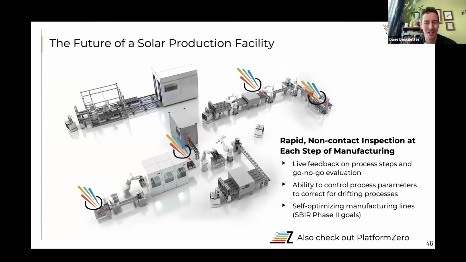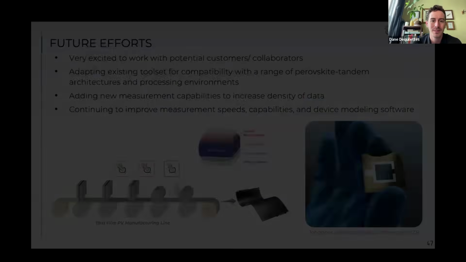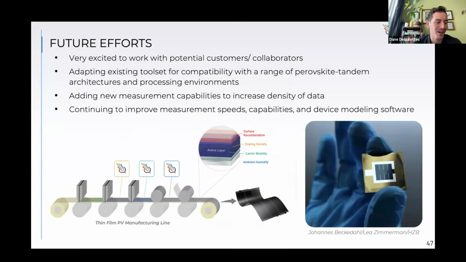Also, I'll just say that we're not the only ones thinking about this. In the EU, Platform Zero has a huge effort, over a $10 million effort, focused on self-optimizing labs and minimizing defects in PV manufacturing. So for future efforts, we're really excited to work with any potential customers, collaborators, anyone that's excited about the tools and working on them in their workflow.